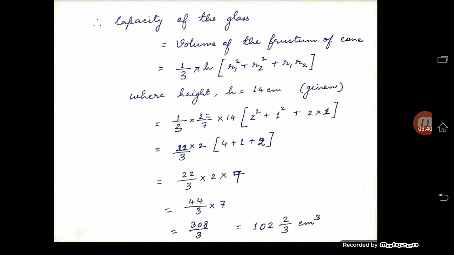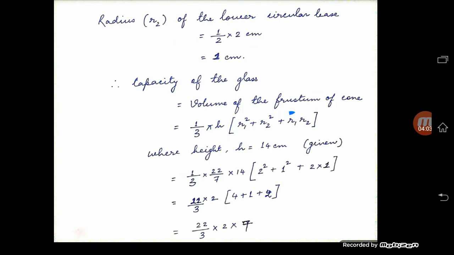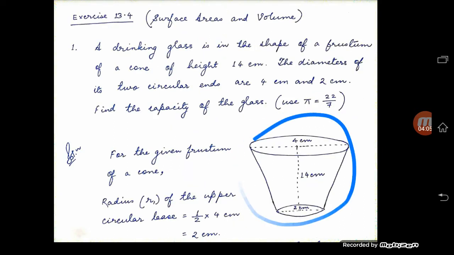So we multiply 22 into 2 as 44, into 7 will be 308. So your answer is 308 by 3, or if you divide 308 by 3, you will get 102 and 2/3 centimeter cube, which is the volume of this glass figure of a cone.